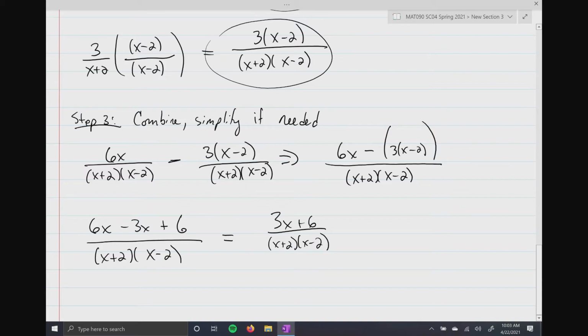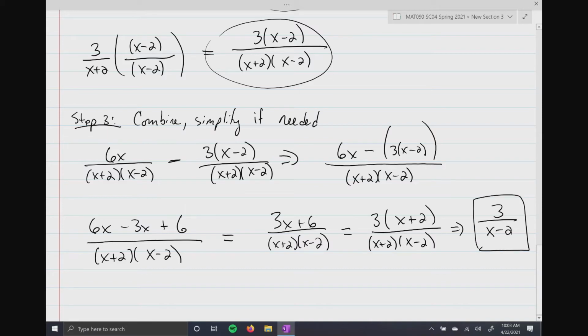I need to make sure that numerator is completely factored. I can factor a 3 out. So that leaves me with 3 times the quantity x plus 2, all over x plus 2 times x minus 2. And then hopefully from here you can see that the x plus 2's reduce, to leave us with 3 over x minus 2.